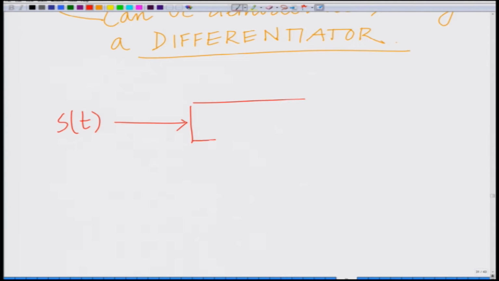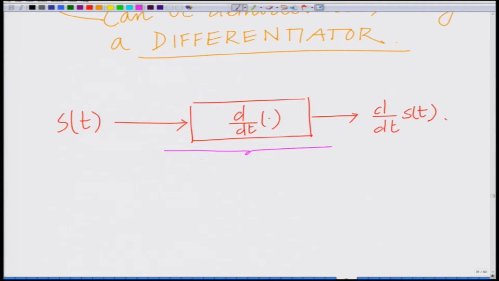I can give it as input to a differentiator circuit, which differentiates the input, and the output is d/dt of s(t). This is your differentiator circuit.